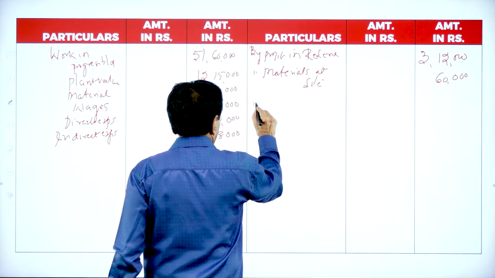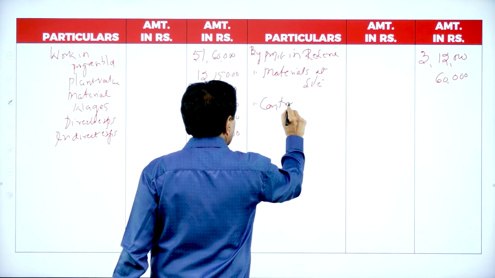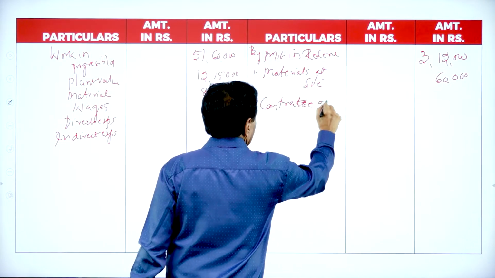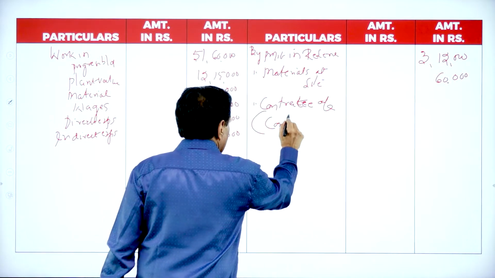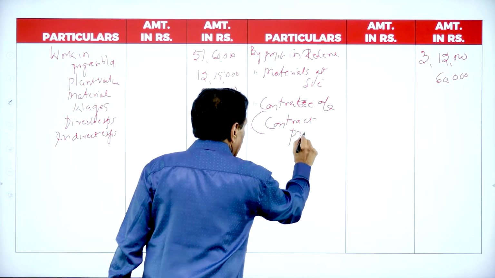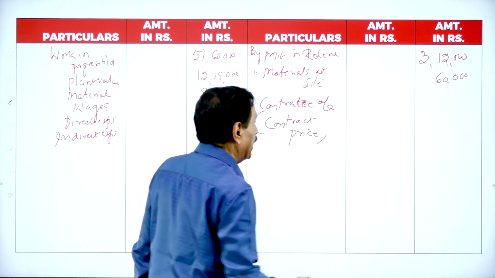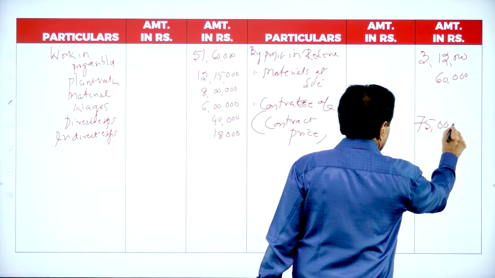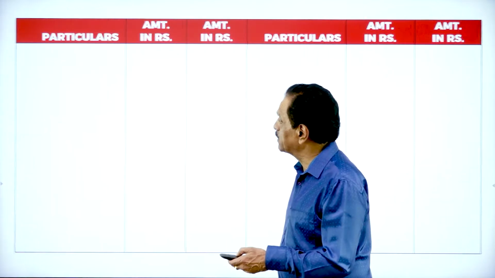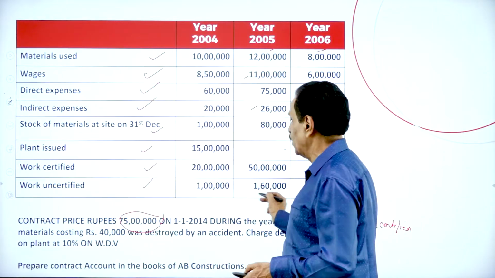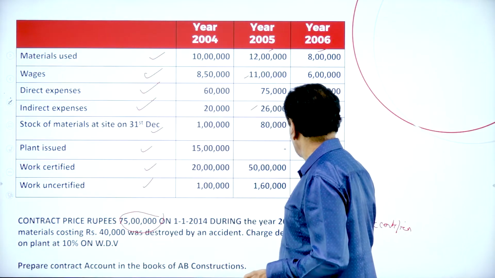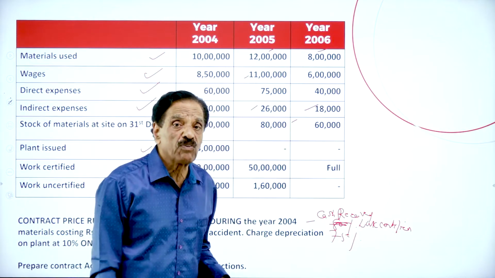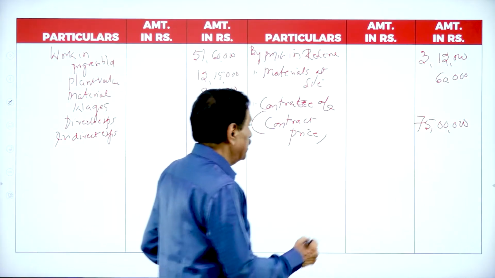By contract account, contract price. What is your contract price? 75 lakh. Full amount. Any closing balance? See that? No. Full. Work uncertified, there is nothing. At full amount you are going to receive. What is your full amount? 75 lakh. We'll add the figure.